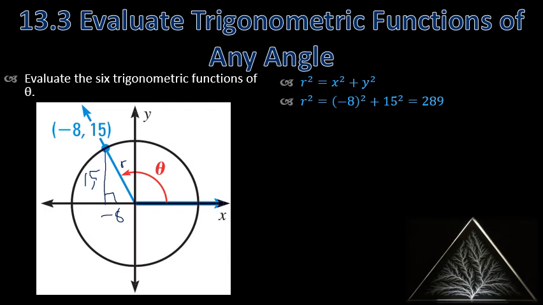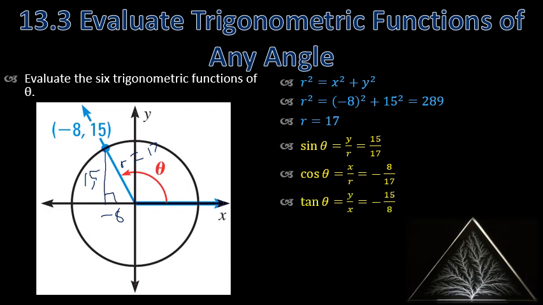Using the Pythagorean theorem, the r turns out to be 17. And then fill in the formulas. Sine is y over r, or 15 over 17. Cosine is x over r, or negative 8 over 17. Tangent is y over x, or 15 over negative 8, which makes negative 15 over 8.